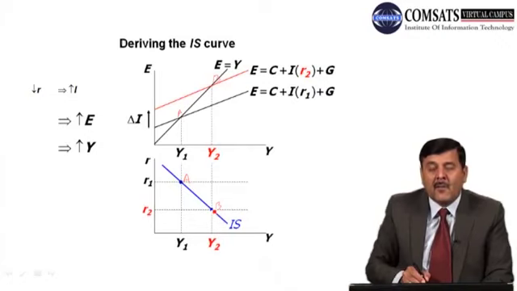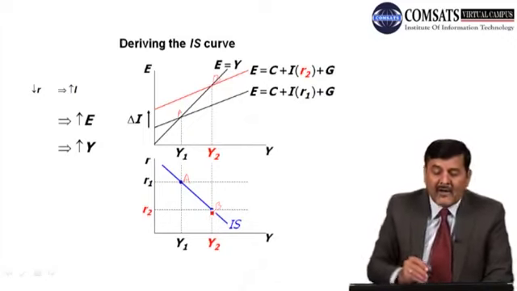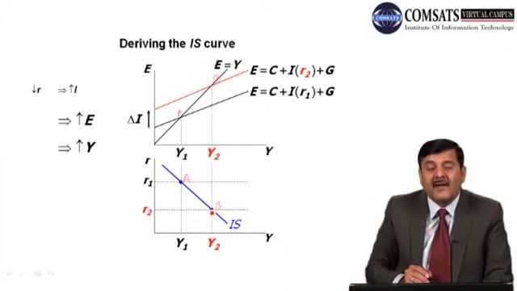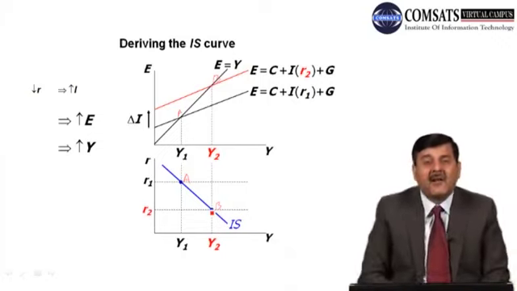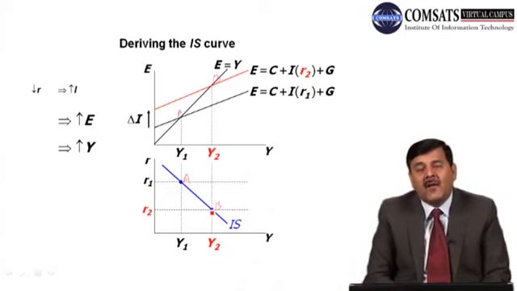Corresponding to point B in the Keynesian cross, we have a point B in the R and Y diagram. If we combine these two points A and B, we get the IS curve, which is negatively sloped. It has a similar relationship to the one between investment and the rate of interest.